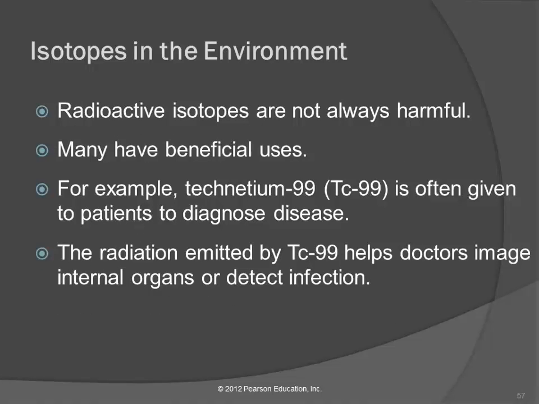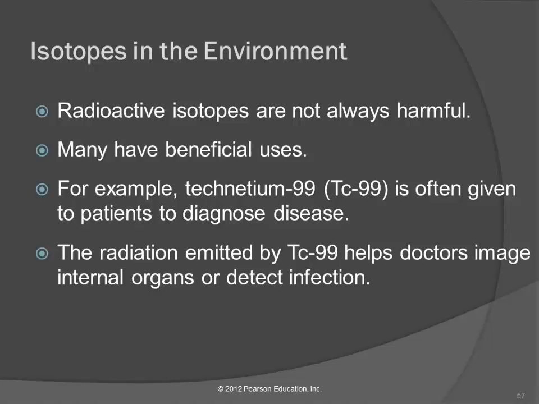There are beneficial uses of radiation. Technetium-99 can be used in conjunction with imaging in a hospital to help diagnose problems in your body. And so there's a lot of radiation that's used in medicine. So it helps them to image your internal organs. You can't just take snapshots of your internal organs.